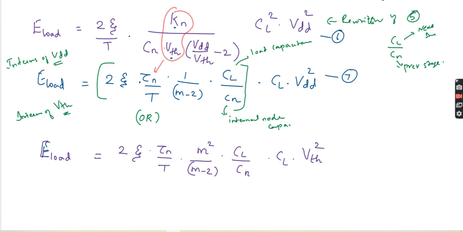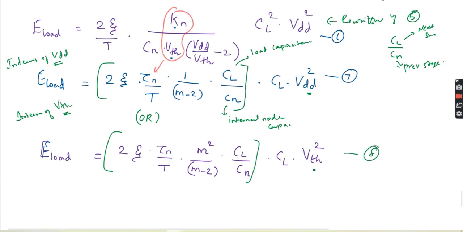So here we can see separately, the only variation here is this VDD here VTH, then 1 by m minus 2, here m square by m minus 2, only these two. So this is expression number 8 we can take.